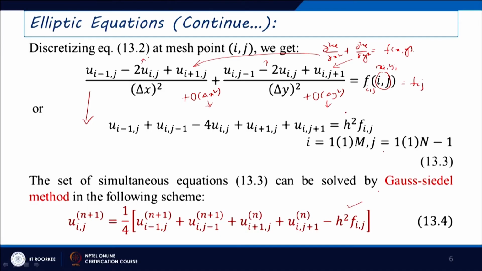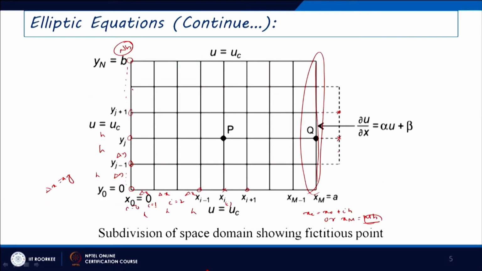And in this step, i is varying from 1 to m here, and j is varying from 1 to n minus 1. Specifically, at the last y boundary we are using a Dirichlet boundary condition, so at the nth step this value is known to us. And y at the 0th level is also known to us.